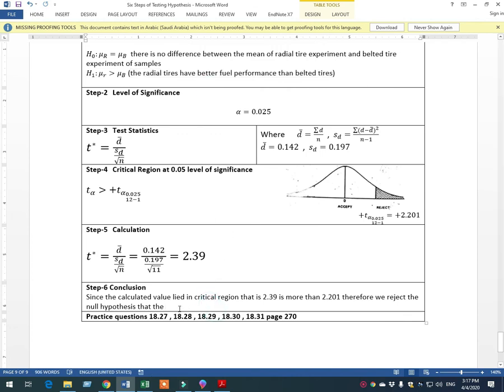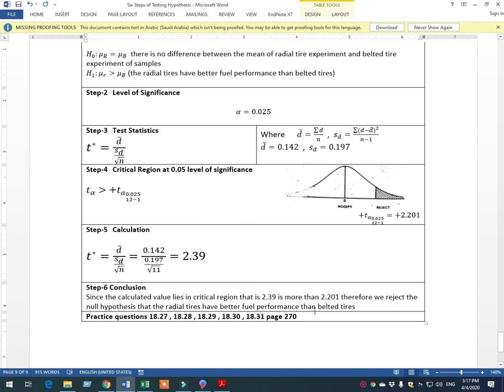So I can put all these terms in there as our conclusion. So since the calculated value lies in critical region, that is 2.39 is more than 2.201, therefore we reject the null hypothesis.